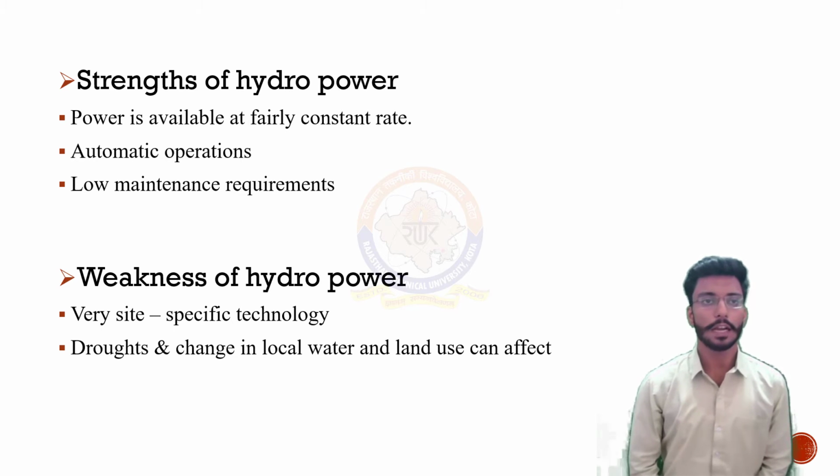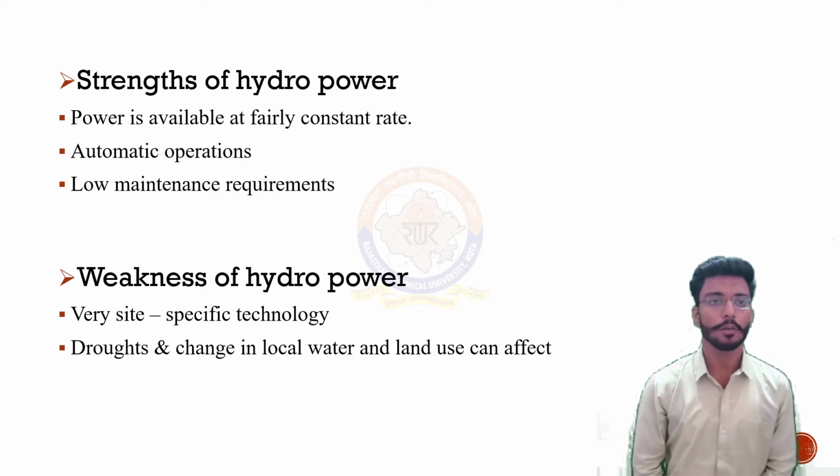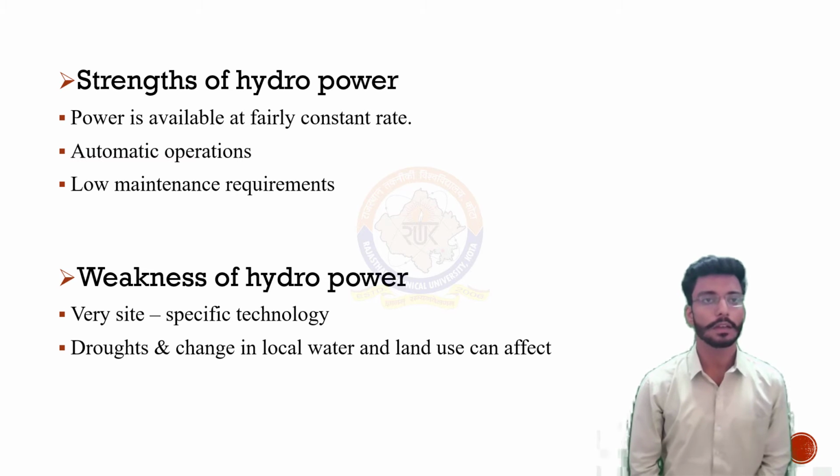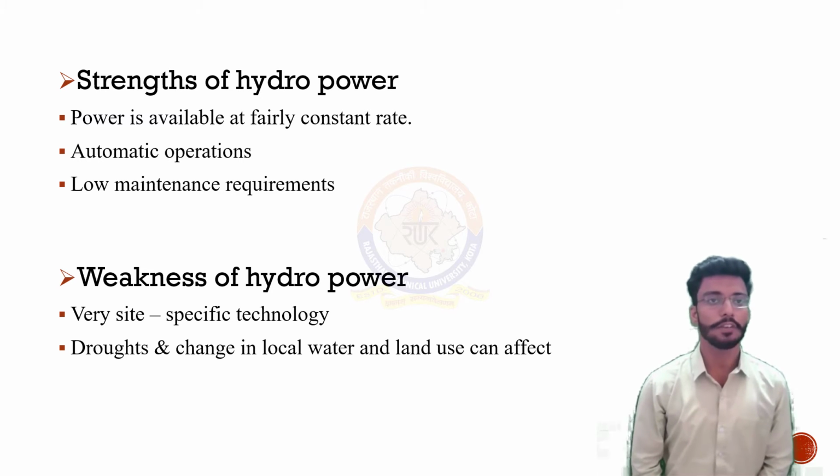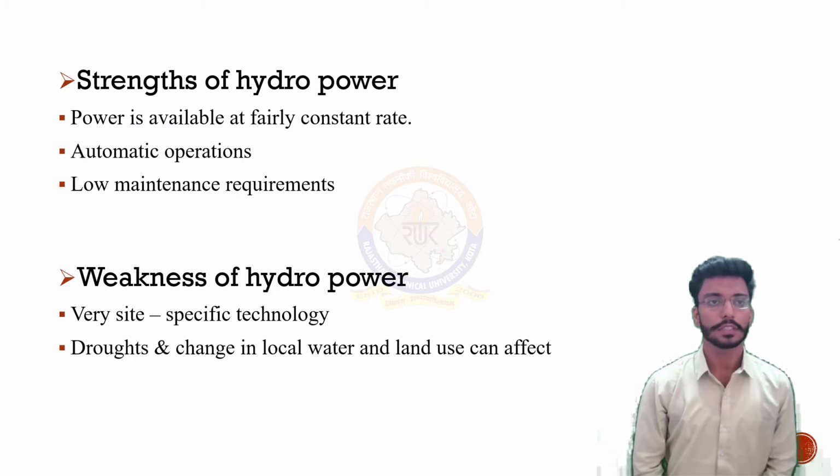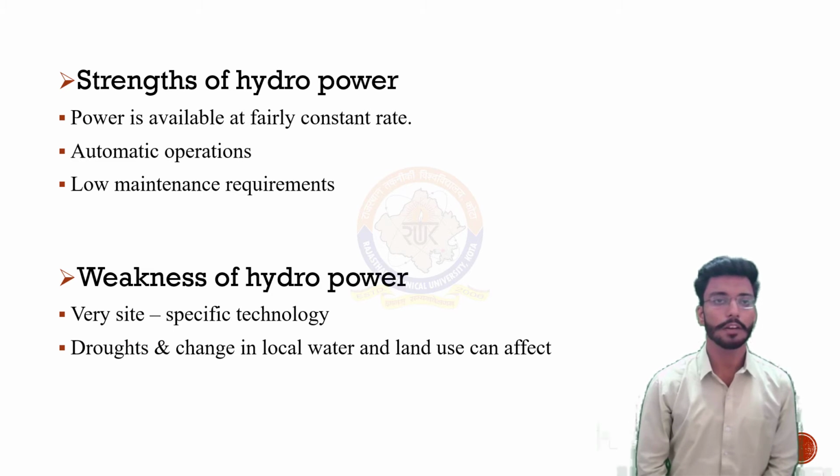Power is available at a fairly constant rate. Second, automatic operation. And third, low maintenance requirements. Now let's see what are the weaknesses of hydropower systems. This is a very site-specific technology. Droughts and changes in local water and land use can affect this system.